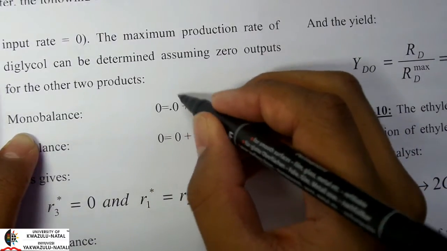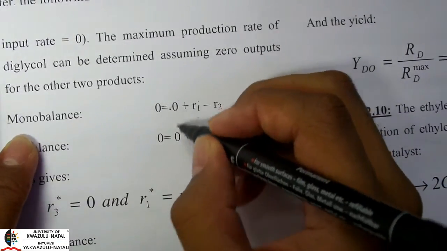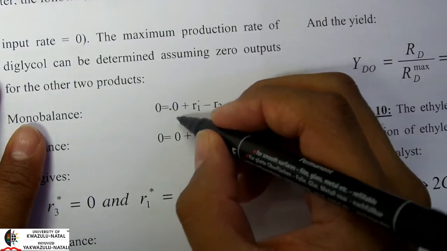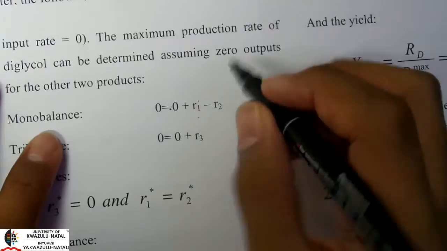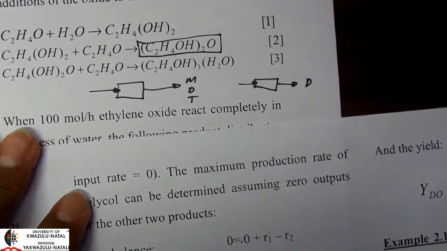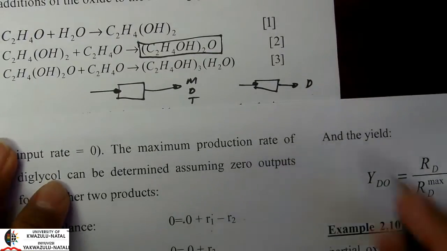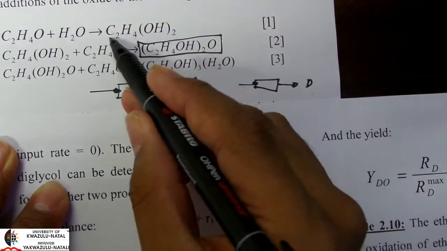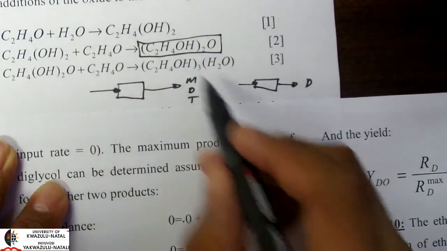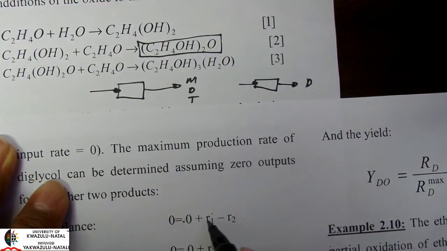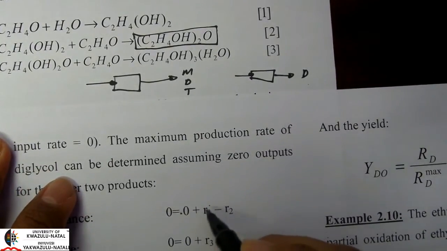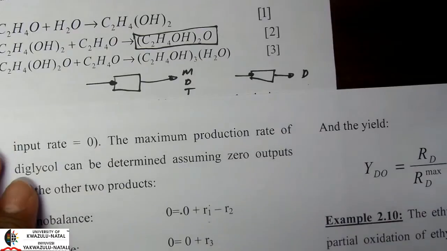The input was 0 anyway. Okay, we only have ethylene oxide and water coming into the reactor. And we look at our reactions. Monoglycol is being produced in reaction 1 and consumed in reaction 2. So it's being produced, so we have a plus R1, and it's being consumed, so negative R2.